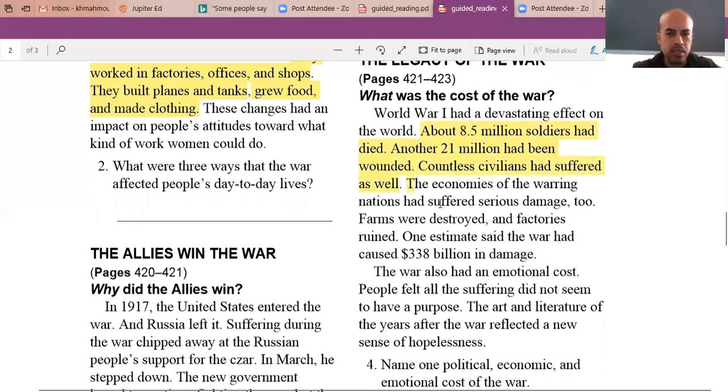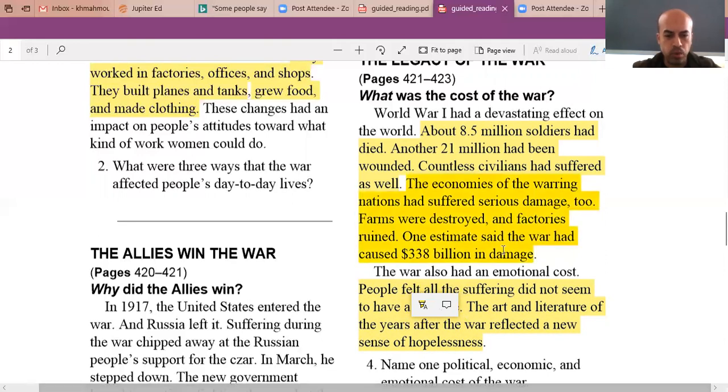The economies suffered damage too. And social, the emotional cost: people felt that suffering had no purpose, and the art also reflected hopelessness. The first one is political, the second one economic, and the third one was the social or emotional effect of the war.